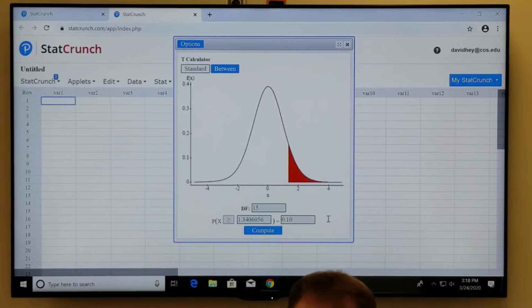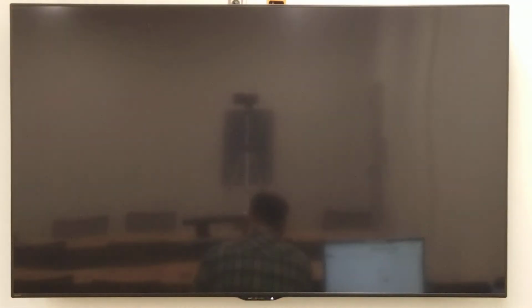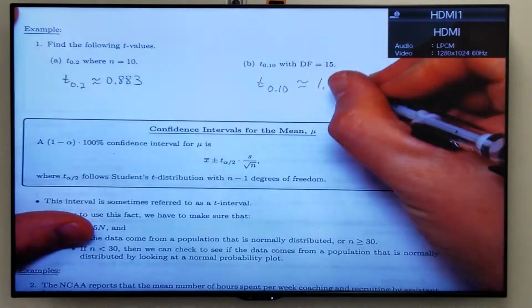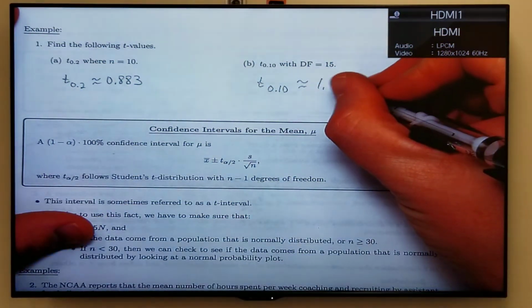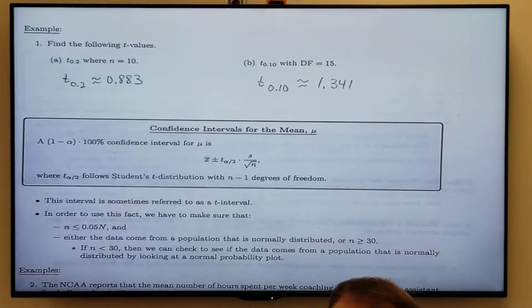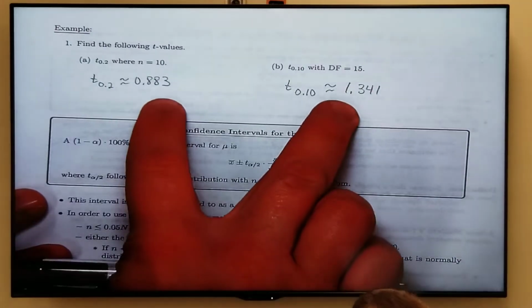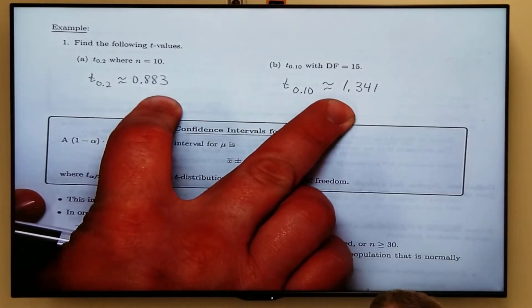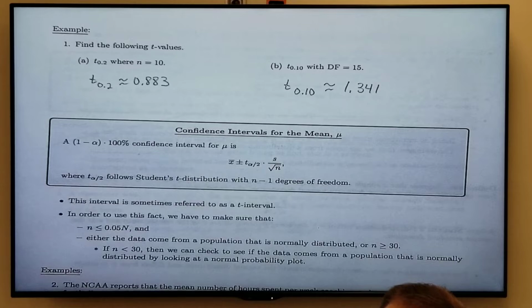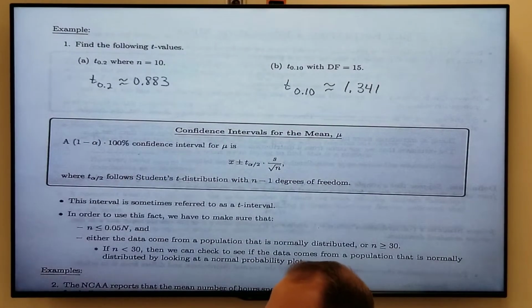So that critical value, t sub 0.10, is approximately 1.341. I think we usually round these critical values to 2 decimal places. Here I've rounded to 3, but anyway, that's the idea.